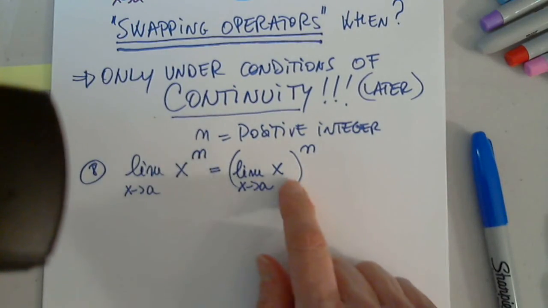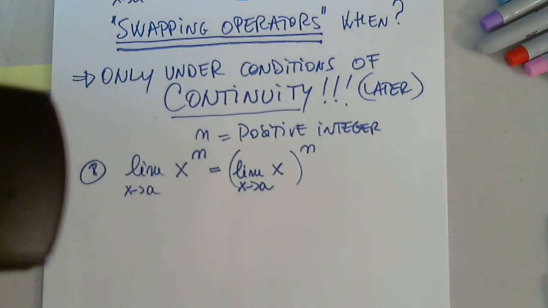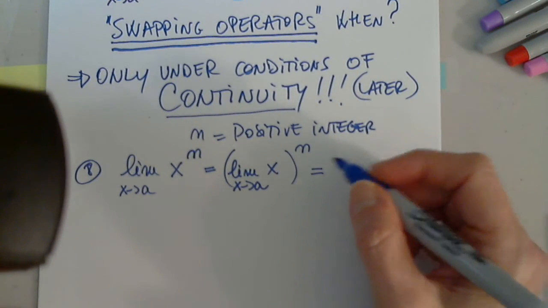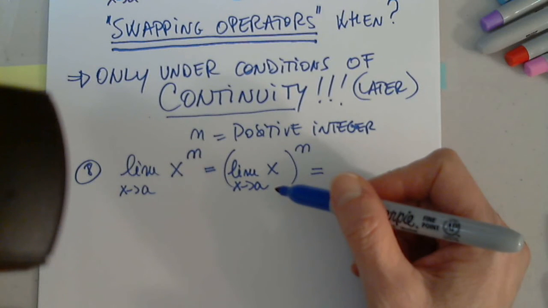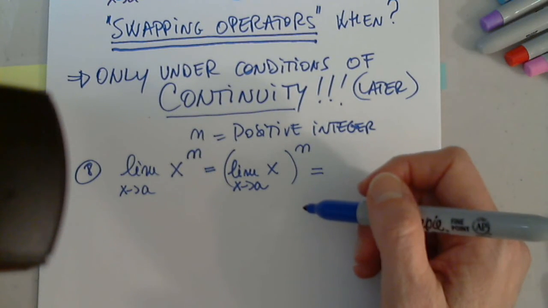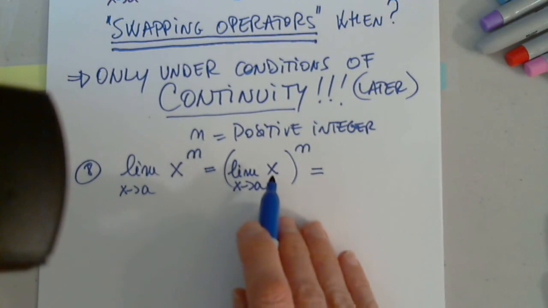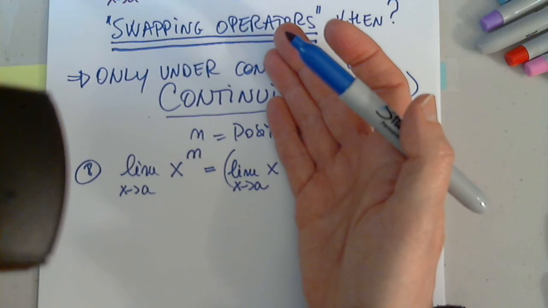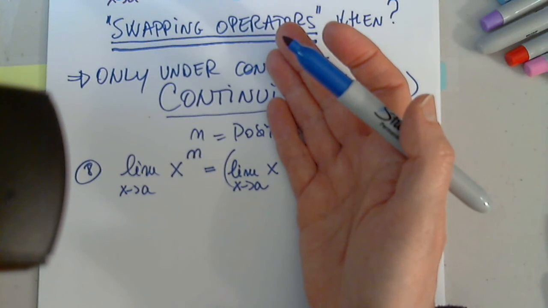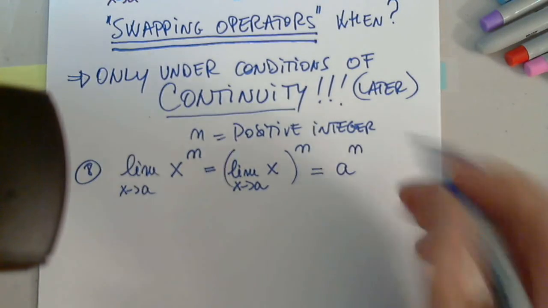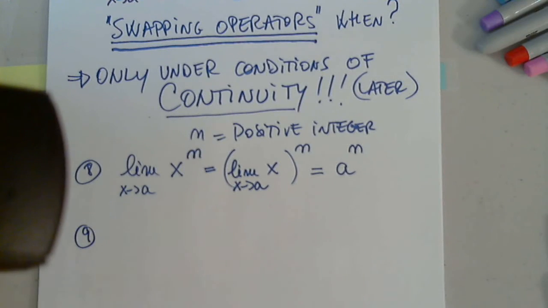So limit of x when x approaches a will equal how much? You said the limit of x, how much? The limit of x when x approaches a. How much will it be? A over n? You mean a to power n? Correct. Very good. Awesome.